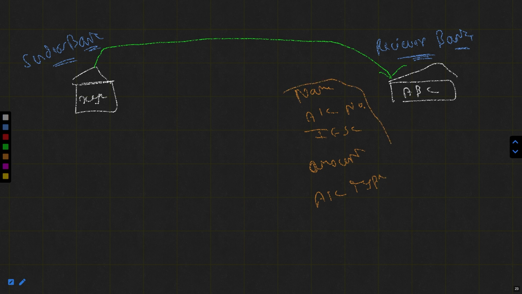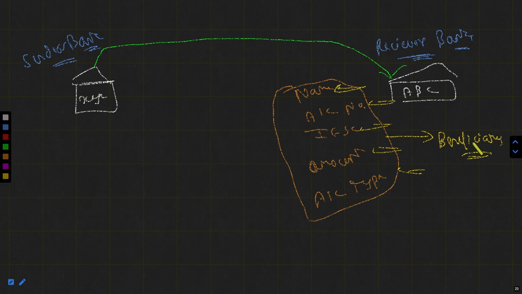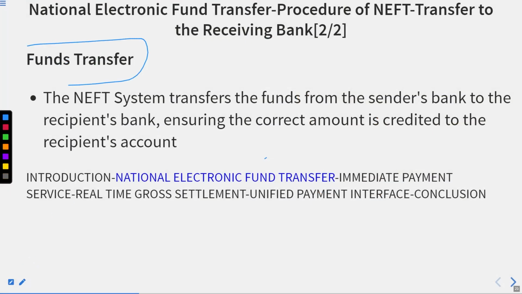Okay, all of these details which have been shared by the sender's side will be transferred to the receiver's bank by the sender's bank. Then the receiver bank will process it, the name, account number, IFSC code, amount and the account type, and then this amount will be credited into the account of the beneficiary. Okay, so that's how the system works, or you can say that's how the funds transfer.